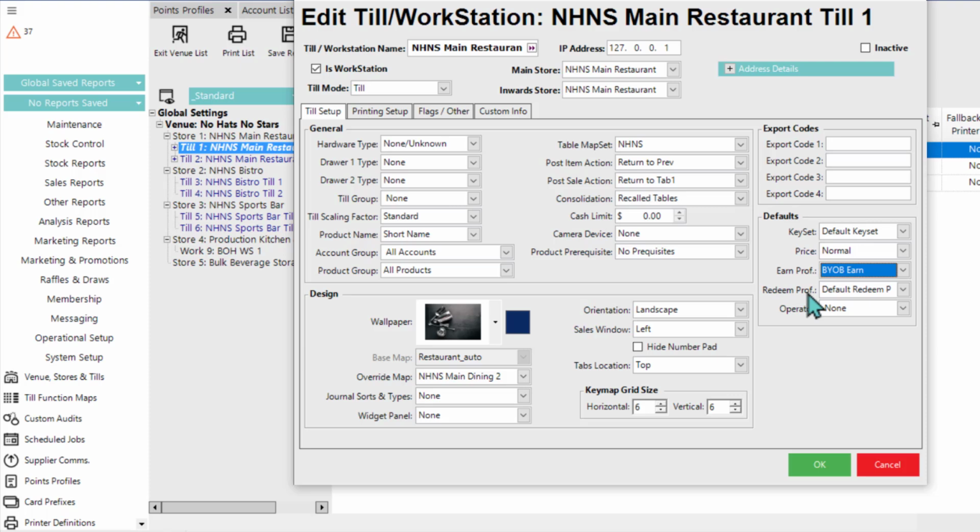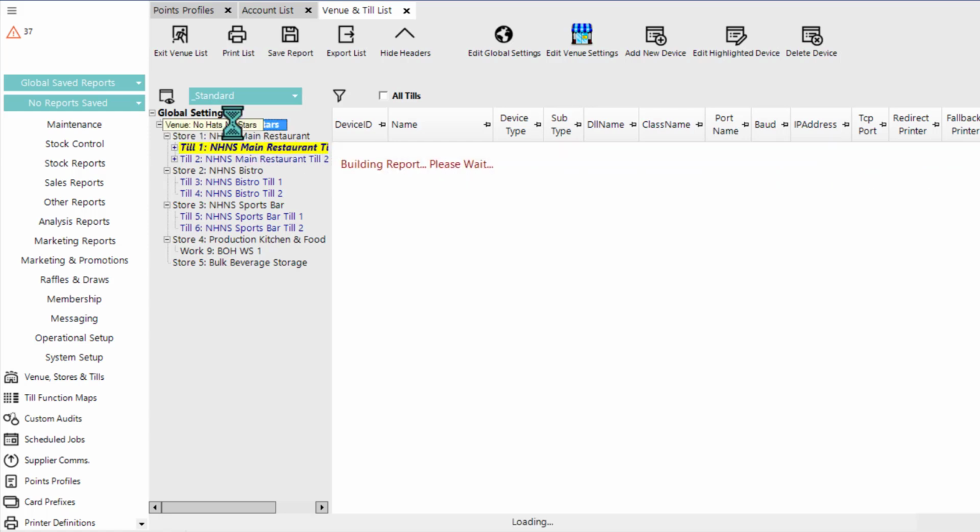So by taking whichever profile is being used, we can then scale it further per venue or store. So aside from the points profiles themselves and whichever ones are assigned to a till or to an account, which lays the foundation for points being earned and redeemed, we do have separate percentages that can be set for venues and stores. So I'll save this and we'll start with the venue.